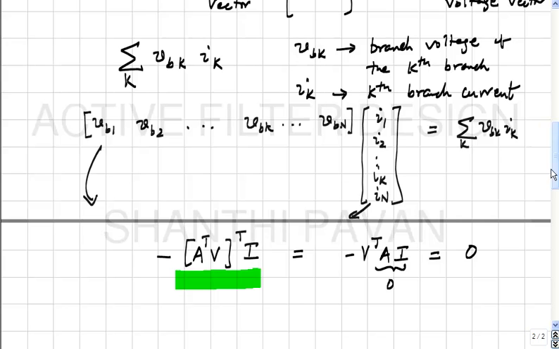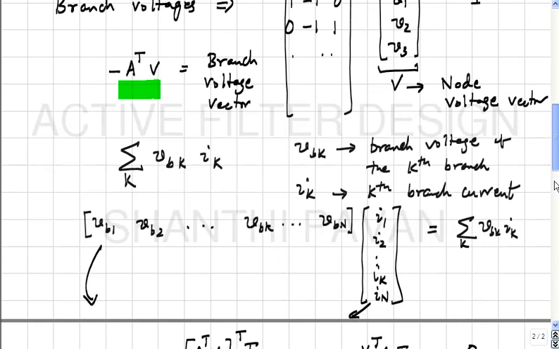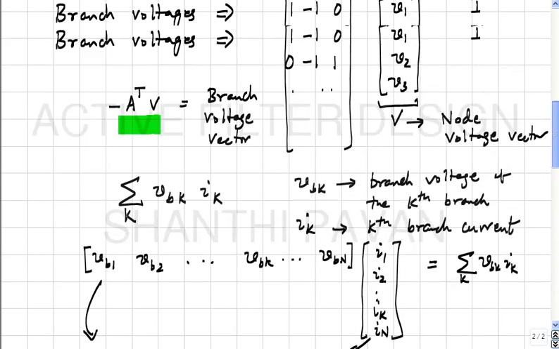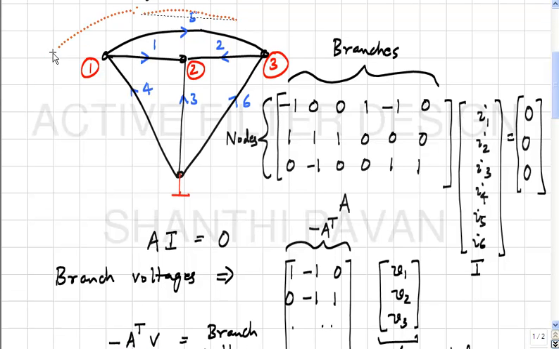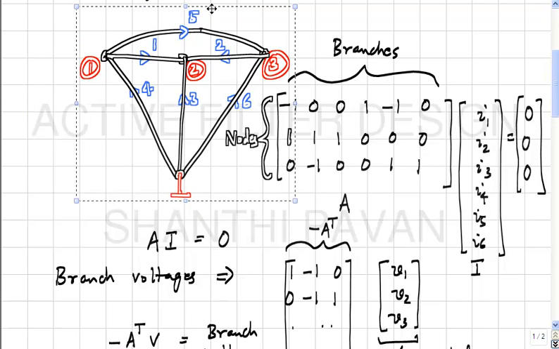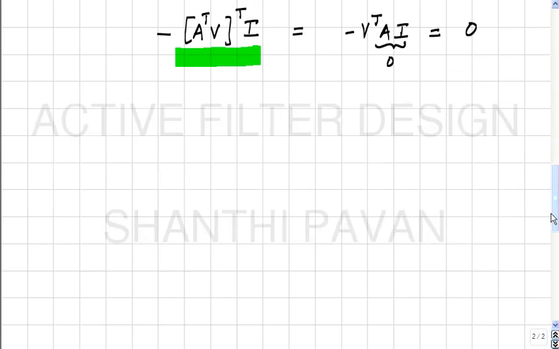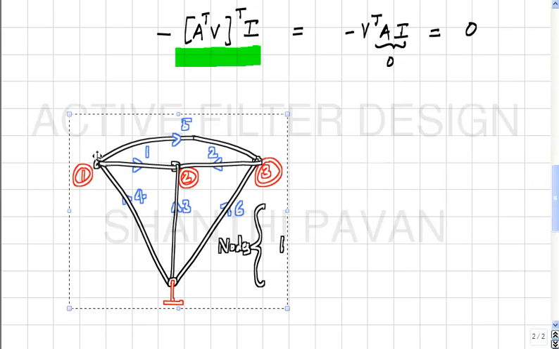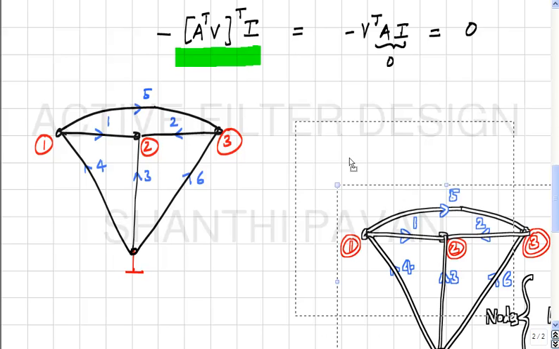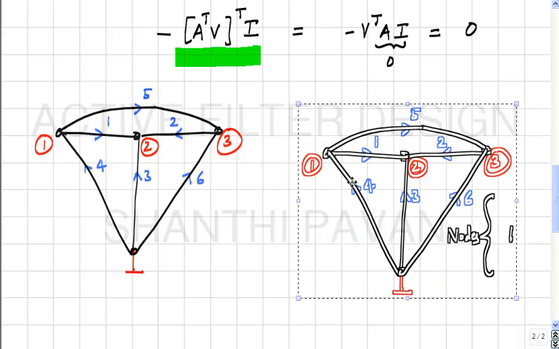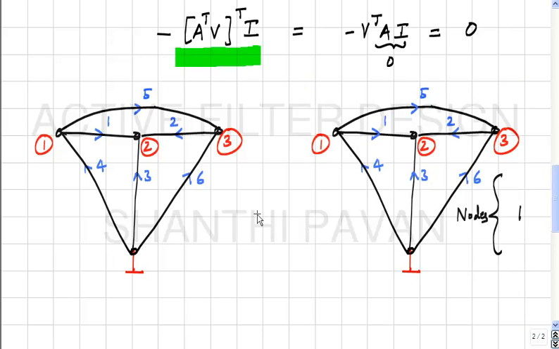But the cool thing about this is that if you had another network with the same graph, let's say you had network 1 and network 2 with the same graph.